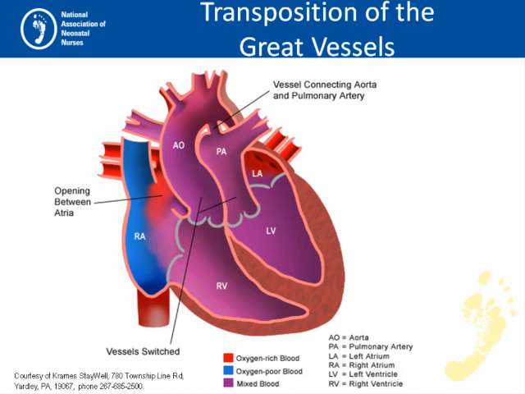In transposition of the great arteries or vessels, TOGA or TOGV, the position of the great arteries is reversed. The pulmonary artery arises from the left ventricle and the aorta arises from the right ventricle.